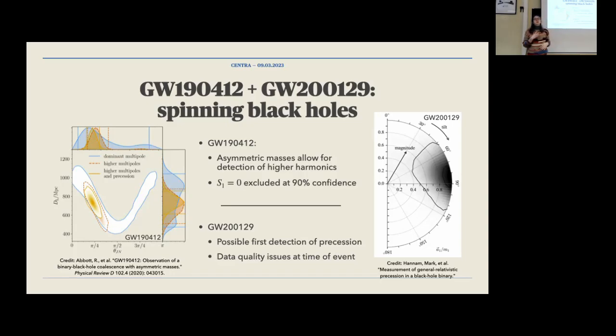If we then make a model of the gravitational wave signal that includes more physics, so we allow for these higher harmonics on top of the dominant multipole, then we remove this part of the detection entirely and focus on this zone here. And then finally, if we add in the possibility of precession to our system, that would further reduce the error bars, giving even more definite statements about the properties of this system.